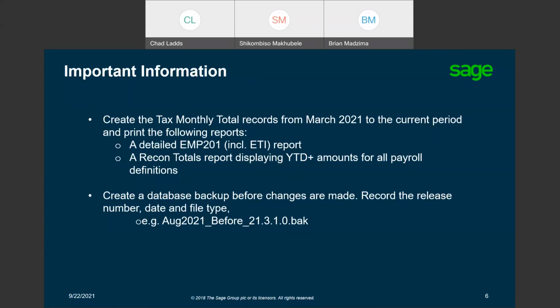So if we're going to be going in and doing corrections, or we need to fix validations or warnings, make that backup before, so we can always refer to that backup if we ever need to. There are nice reports that are available on employee level. For example, if I need to refer to an individual employee's tax totals, I can go refer to a payslip reconciliation, and then I can tie back my employee's earnings or deductions and link it to a SARS source code, and also reconcile on employee level.